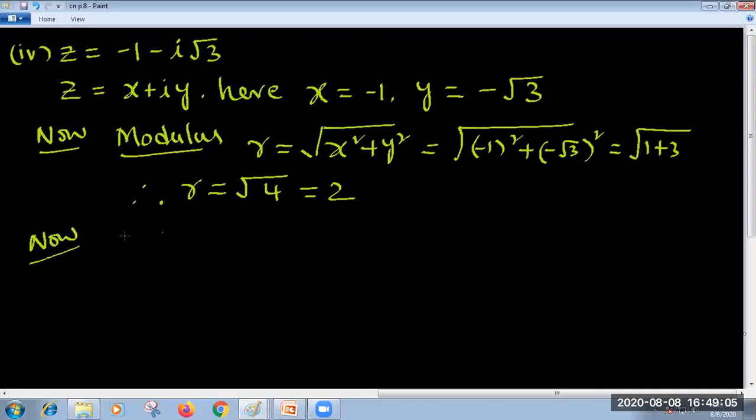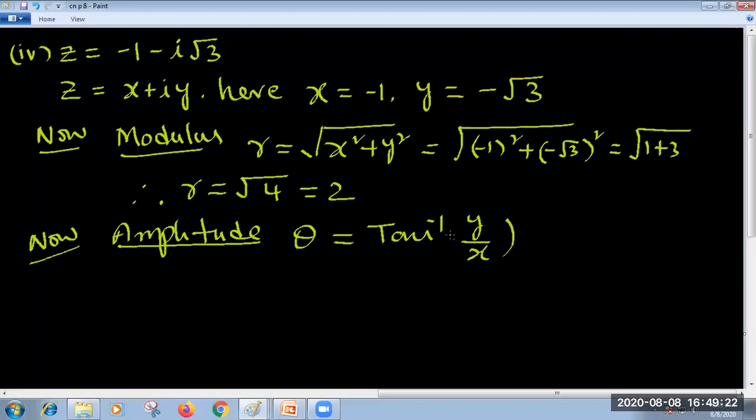Now let us find the amplitude. Amplitude is theta, that is equal to tan inverse y by x.